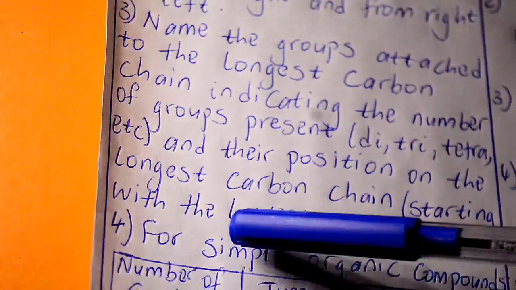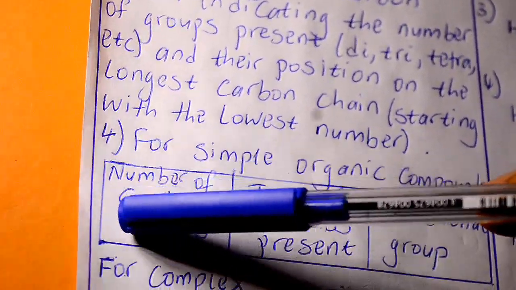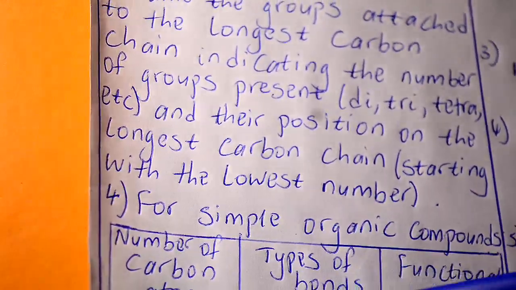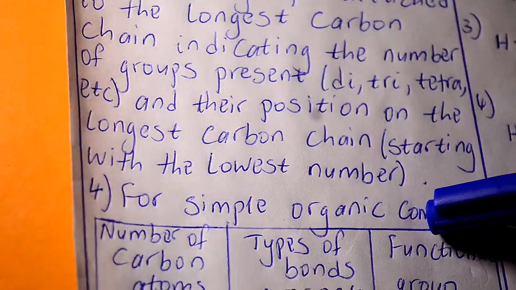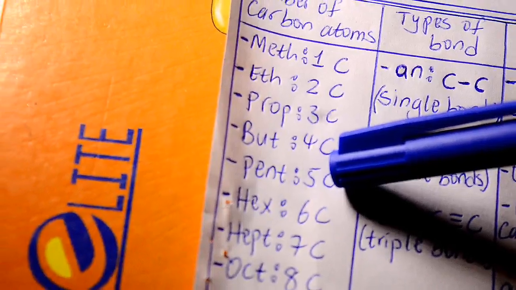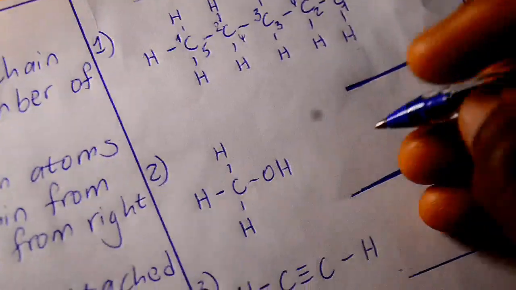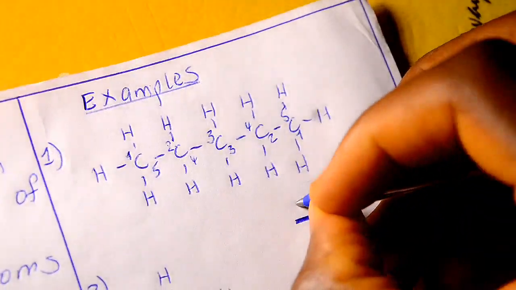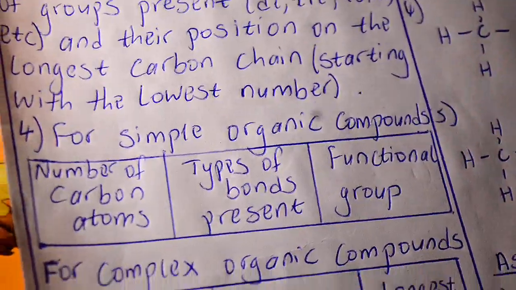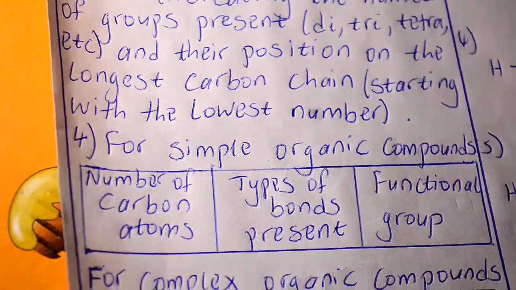And for the fourth rule, you know that for simple organic compounds, the first part of the name must be what? Number of carbon atoms. The second part, types of bond present. Third part, the functional group. When it is 5 carbon atoms, the name is pent. So you write the first part of the name. For the second part of the name we have types of bond present.